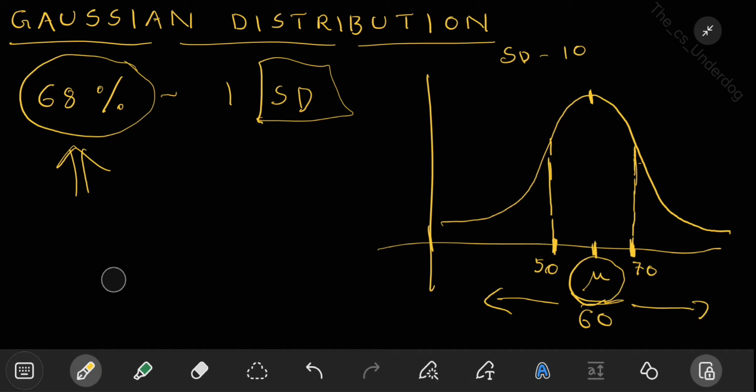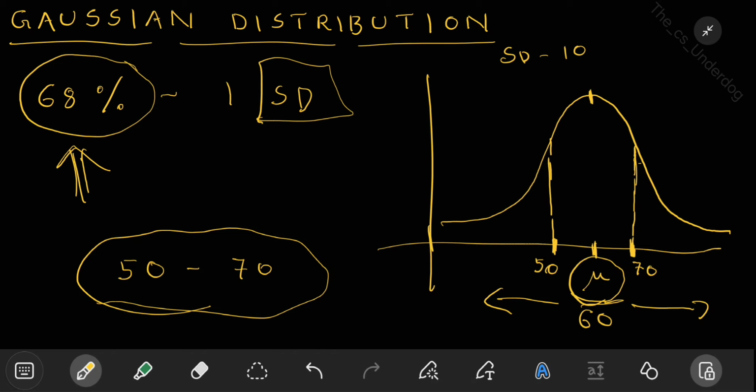See, these values are not actual values. I'm just assuming these values so that you understand the concept. Actually the average is not exactly 60, but I'm assuming that the average weight of a human being is 60. So in the range of 50 to 70 kilograms, you should be able to find 68% of all the human beings in the world if the mean is 60 and standard deviation is 10.